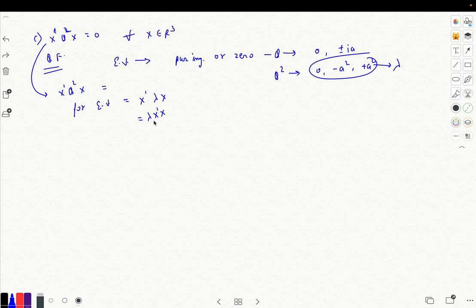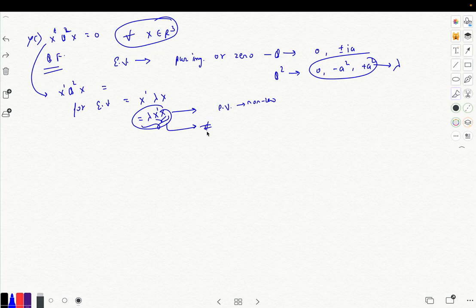Q square's eigenvalues are non-zero, so this value can't be equal to 0. Because it is asking for all x, it may be true for some x's, but it is not true for all of them. That's why this option is incorrect: the eigenvalue is non-zero, this quantity is also non-zero, so the full quantity is not going to be 0.